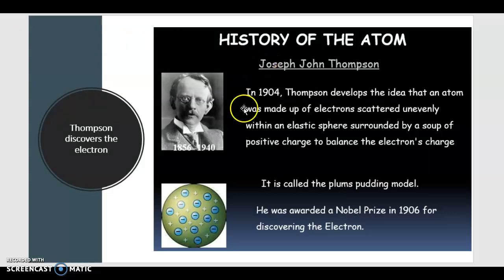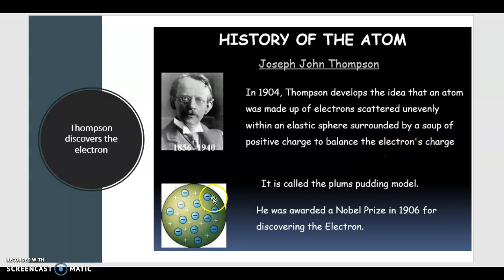It's really not until about 1904 that we discovered that the atom is not a solid chunk. A gentleman named Thomson developed the idea that the atom was not a solid object. The atom had stuff inside of it, and one of those items was electrons, scattered throughout the atom in a sort of soup of positive charges and negative electrical charges.